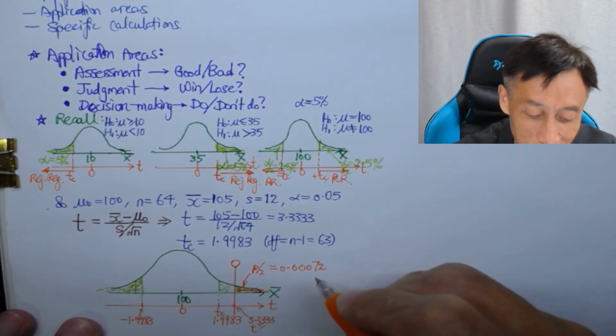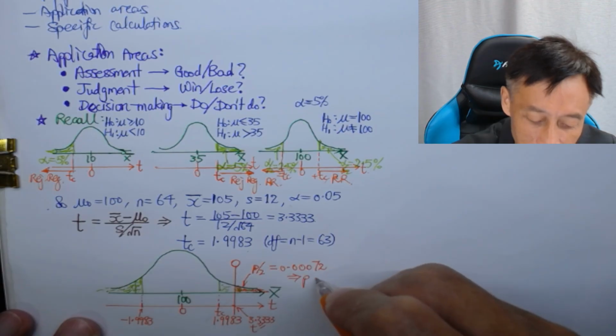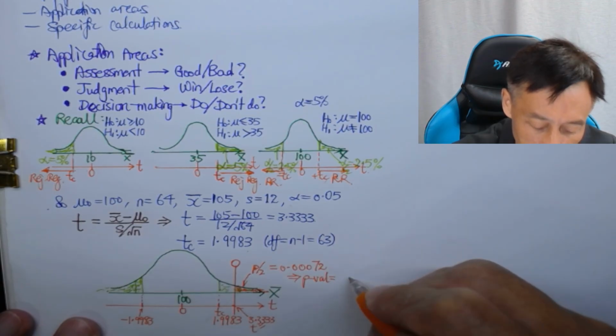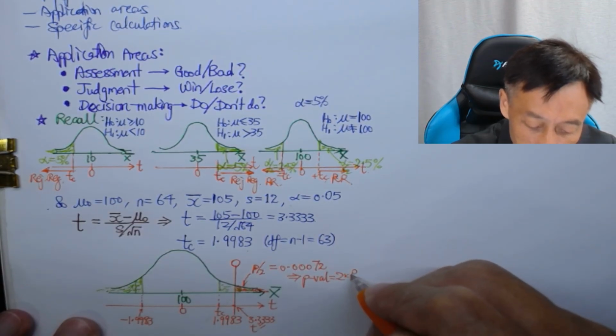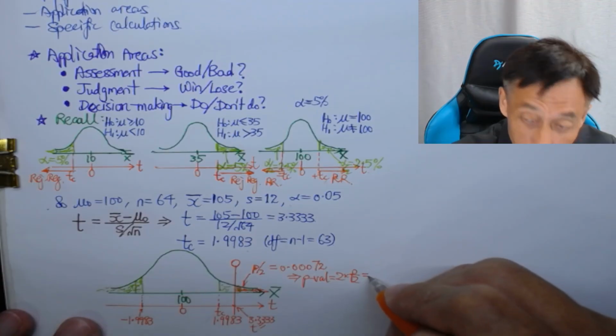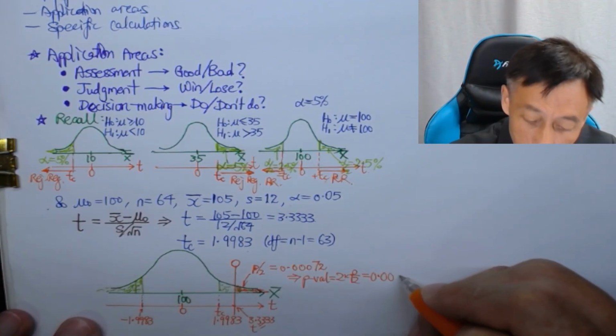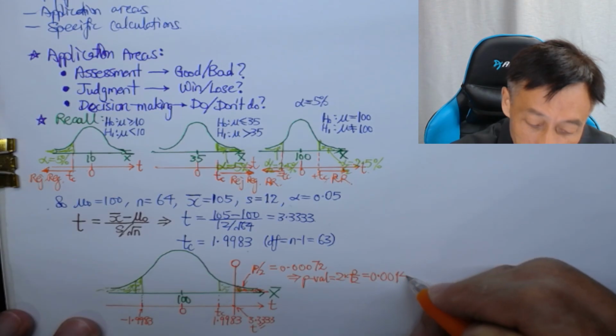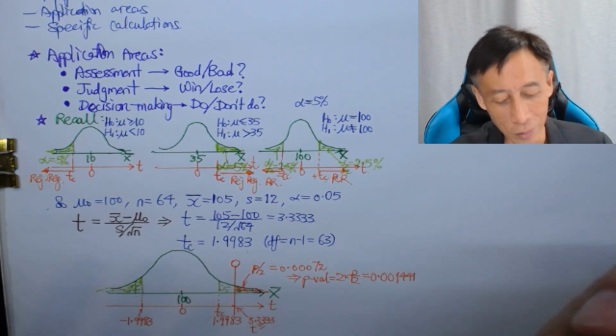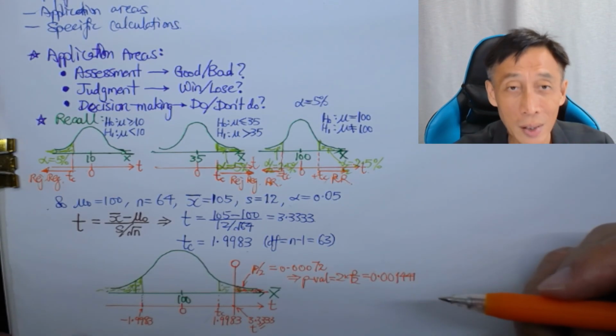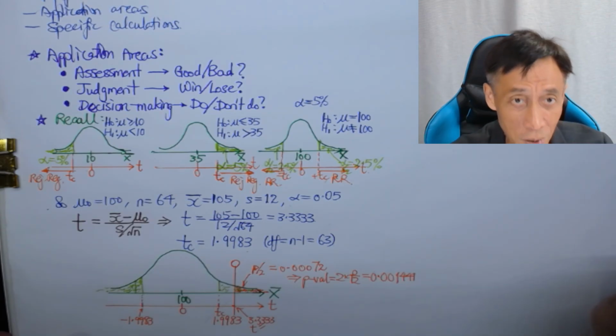So it's very, very tiny. So this implies that p itself, 2 times half p-value, is going to be 0.001441. It's already very tiny, so you can just put 0.001 because it's already less than 1%.